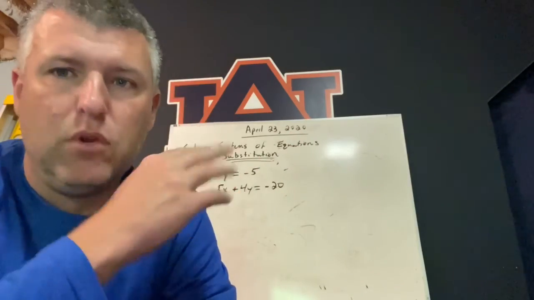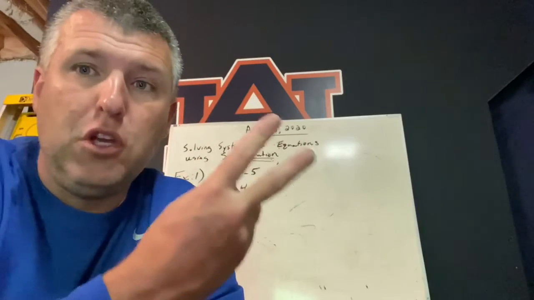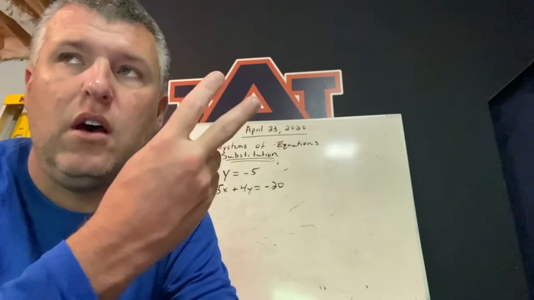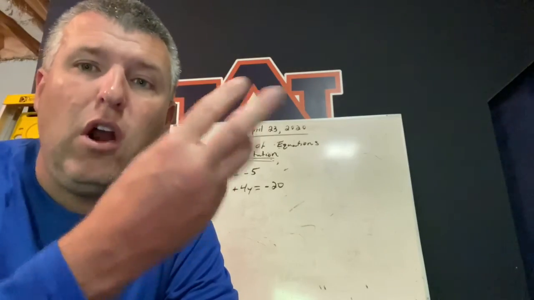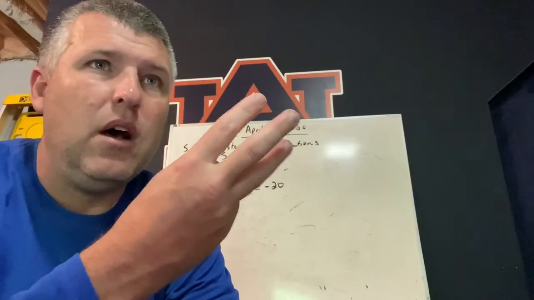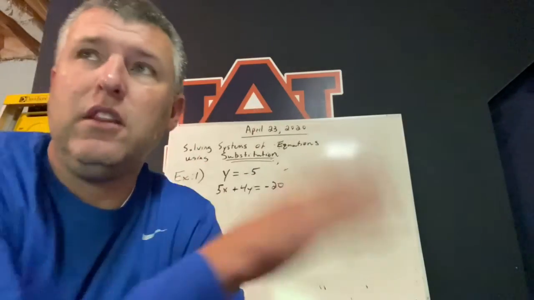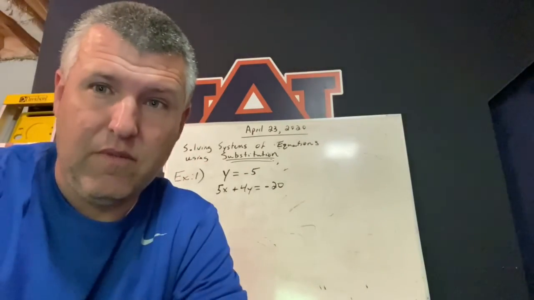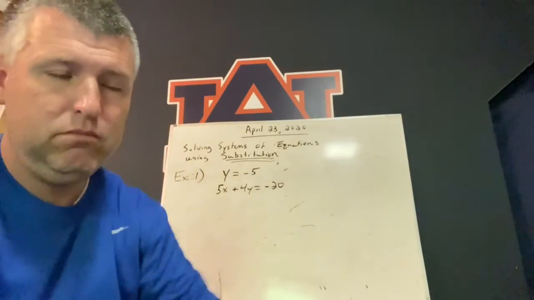The second way is substitution, and that's what we're going to talk about today. The third way is the elimination method, sometimes called the addition method. We'll probably look at that the next time I do a video. But for today, we're going to do substitution, okay?